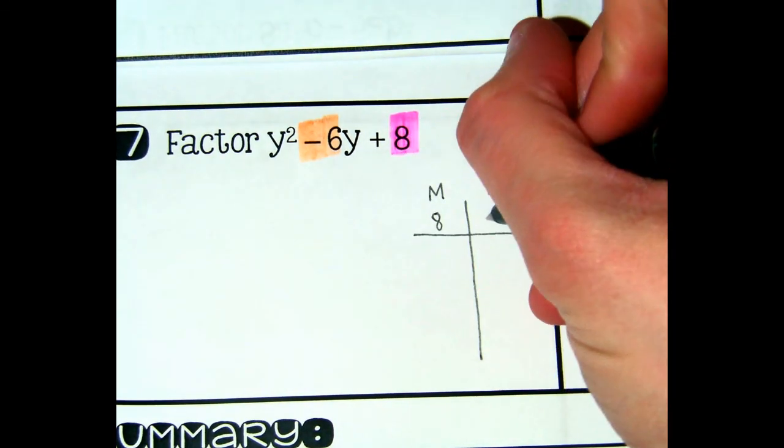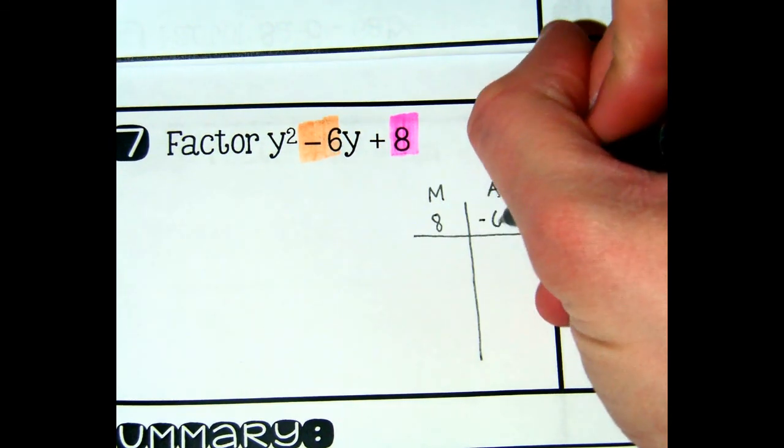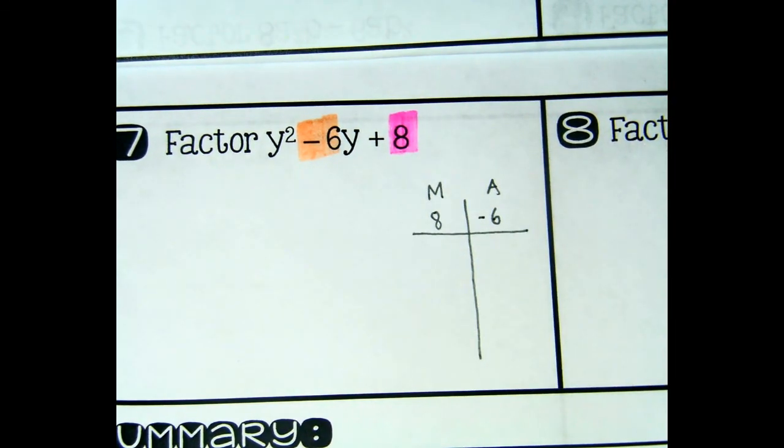Add to get negative 6. That's kind of a problem now, isn't it? What kind of numbers can you multiply to get a positive answer? You can multiply 2 negatives. Since we are supposed to add to get a negative number, we're probably going to have to multiply 2 negatives.